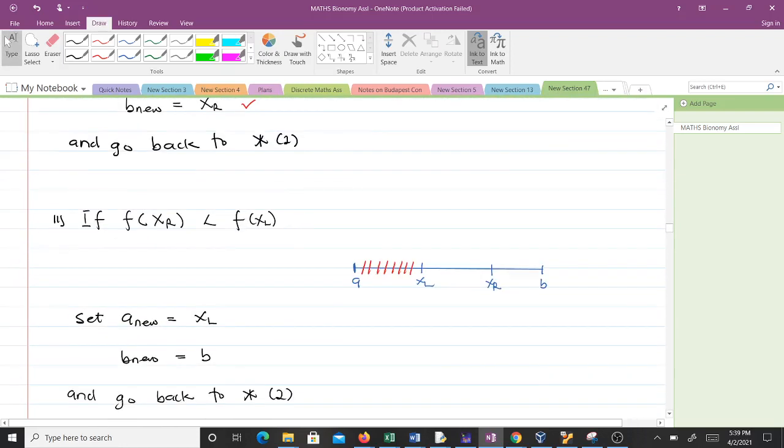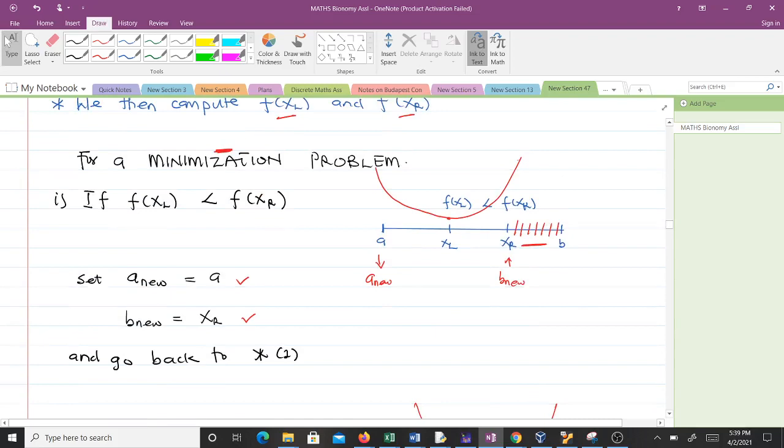Then if our f of xr is less than our f of xl, that means the minimum is somewhere here. So we are going to have something like this, and we discard this region. That means our new A will be xl and our new B will be the old B. That's what you can see here.